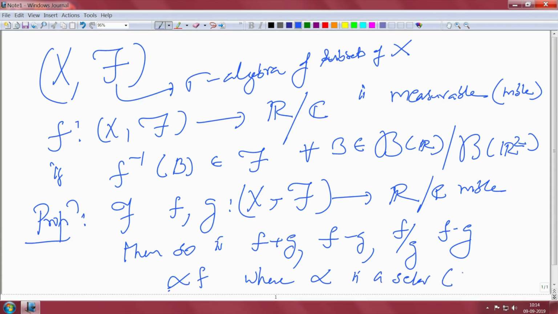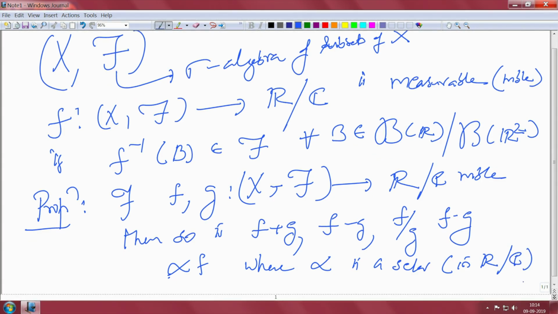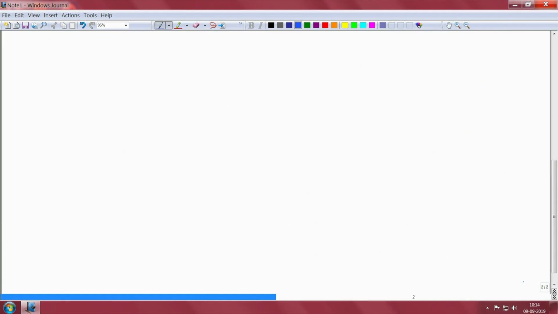This can be either a real number or a complex number, right. Okay. So, we'll prove this.